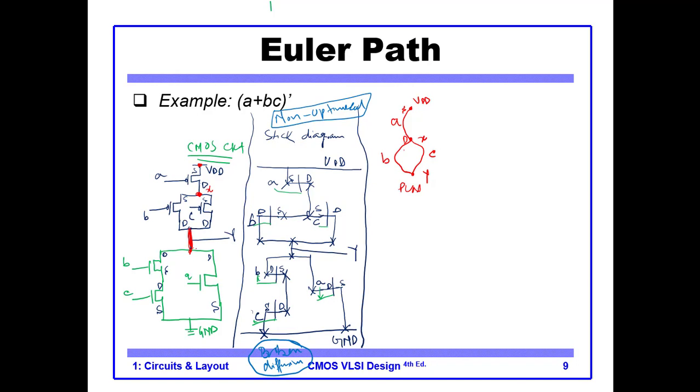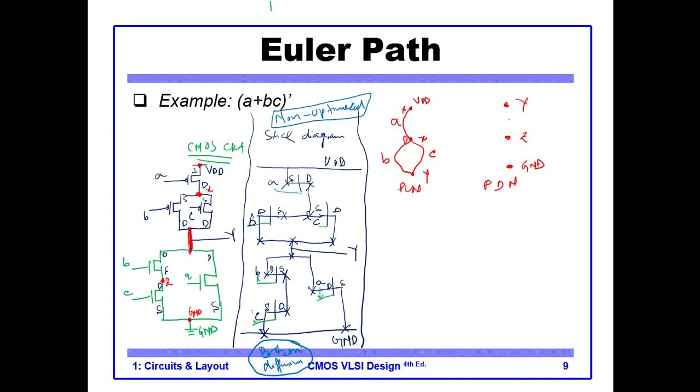So this is our node Y, and this is our node, for example, Z. This is our node ground. So we have this Y node, then we have the Z node, and then we have the ground node.